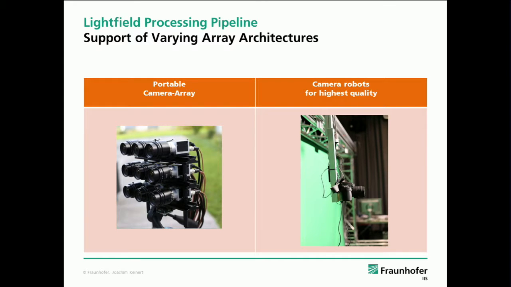So we experimented with different camera architectures. On one hand, we had our portable camera array for the sparse capturing. On the other hand, we also had a camera robot system, where we have only one camera, so it can be used only for static scenes, but it can capture 4 meters by half a meter with 1 millimeter distance, so that you can really capture a dense light field.